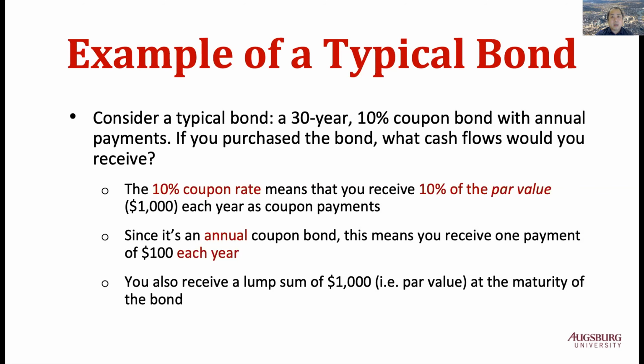Each year, a coupon will be received and its amount is 10% of the par value, which is $100. The second one is the principal. Par value is $1,000. This par value will be paid at the maturity date 30 years later.